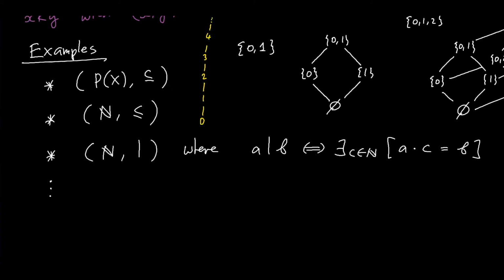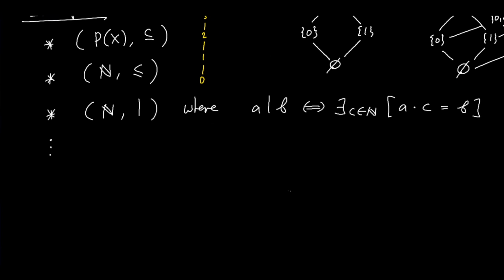So that should be a number such that for every other number, you always have A divides that other number. Which number A is such that that number divides every other number? 1. Definitely 1. So the bottom element here is 1. And now which elements will be right above 1?